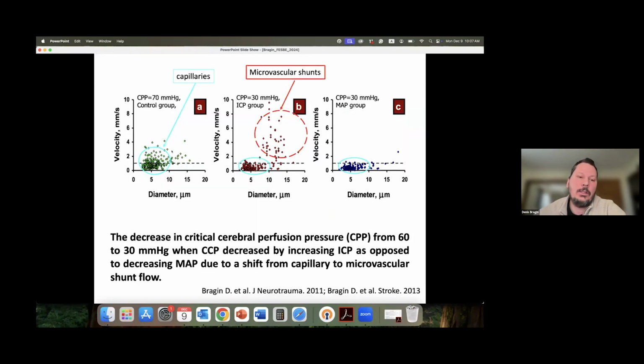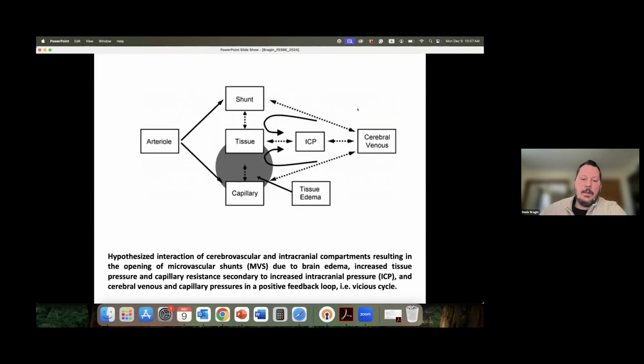And what we found is that when you increase ICP, the microvascular flow becomes heterogeneous. So most capillaries become low flow velocity, but at the same time, we found a group of vessels with larger diameter that become very high flow velocity, which we call microvascular shunts that are non-nutritive and pathological, which was not observed in the arterial pressure group.